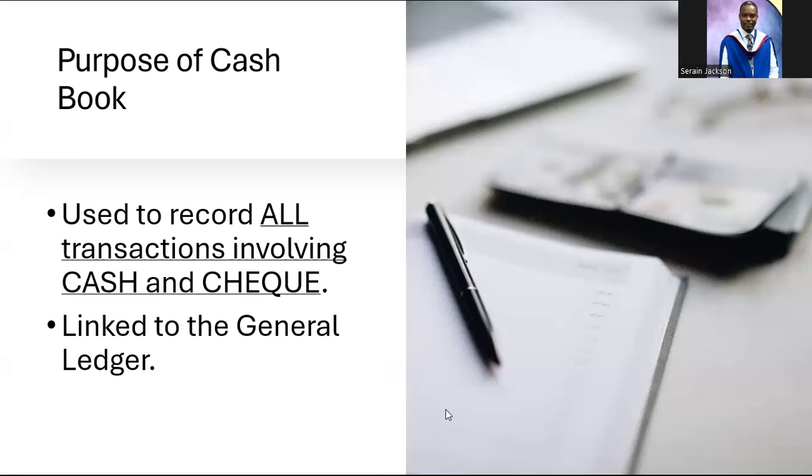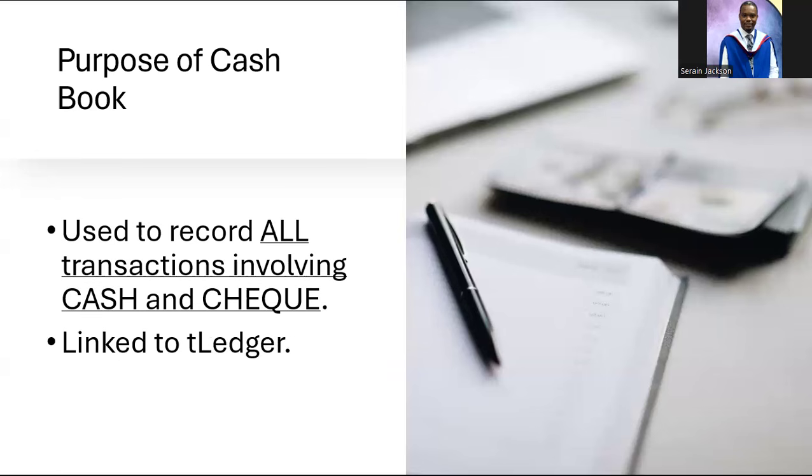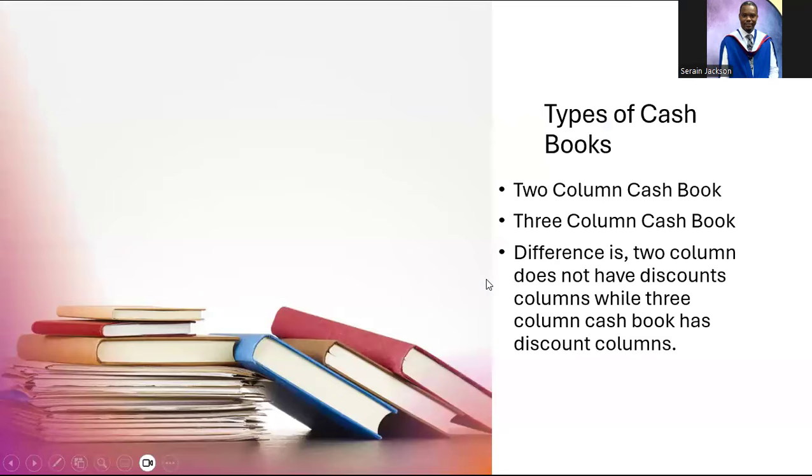Let's correct that right there so that there's no misconception. Yes, it is linked to all ledgers, because there may be times when you have your debtors paying back money, or you are paying money to your creditors, and it will affect it there as well.